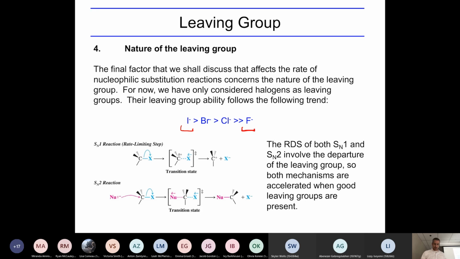So fluoride actually is a terrible leaving group. Awful. In fact, you can't do SN2 reactions or SN1 reactions if you're trying to use fluoride as a leaving group, because fluoride is the same size as carbon. And because it's the same size, it forms an amazingly strong bond.